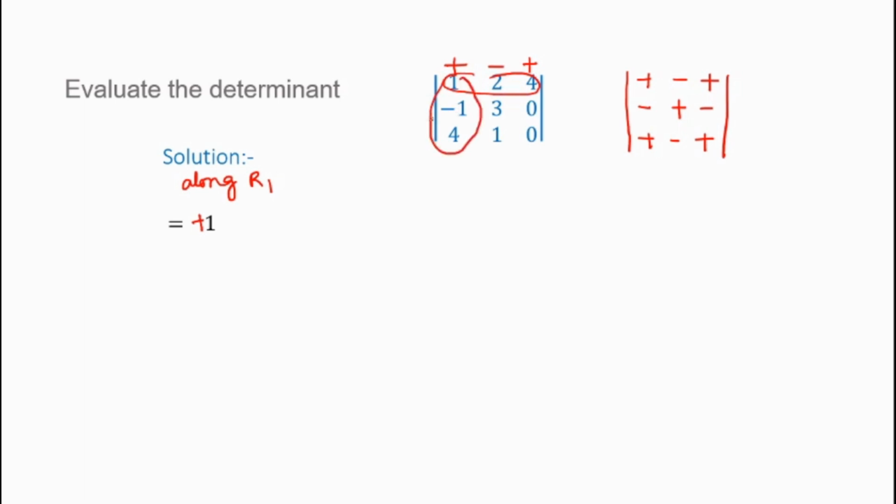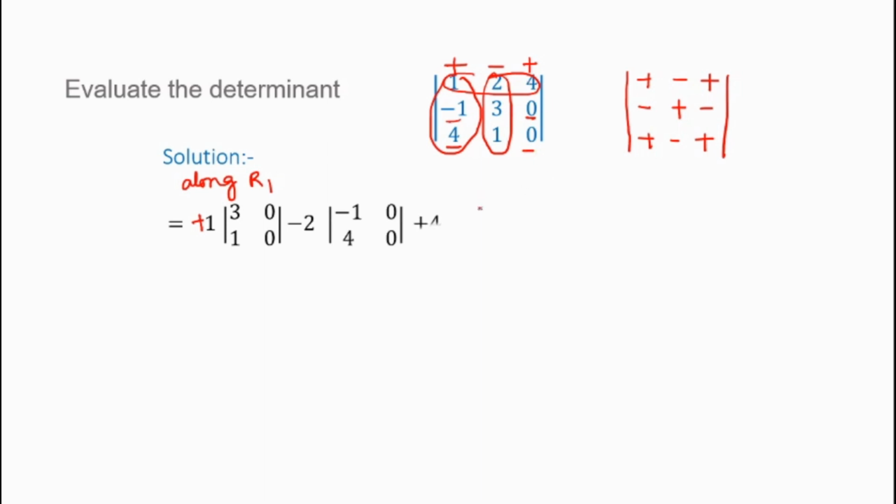When we leave those elements, we have the determinant of 3 0, 1 0. Then we take minus 2, which lies in the first row and second column. Leaving the elements of that row and column, we have the determinant of minus 1 0, 4 0.